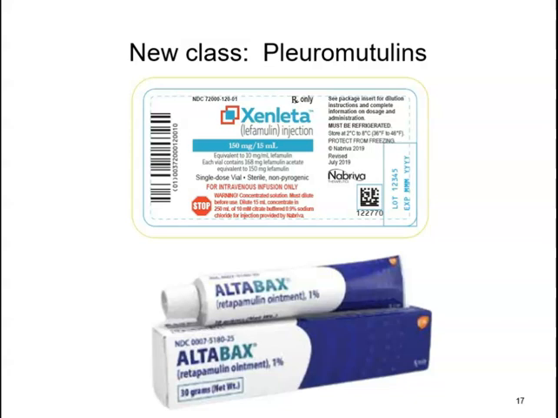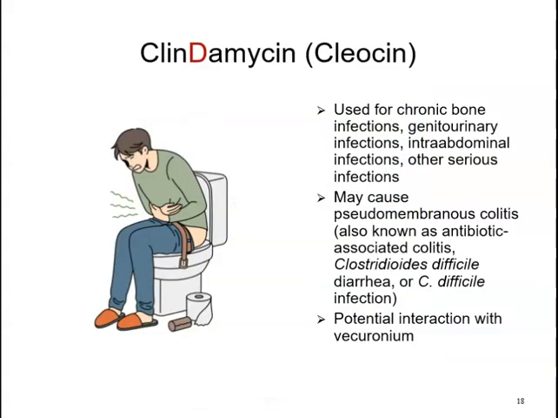All right, so the next class that we're going to look at, and there's only one medication really, potentially, well, there's two in here, but this is a lincosamide. The exemplar drug is going to be clindamycin. So clindamycin is bacteriostatic, but it can be bactericidal in certain situations. It inhibits bacterial protein synthesis.